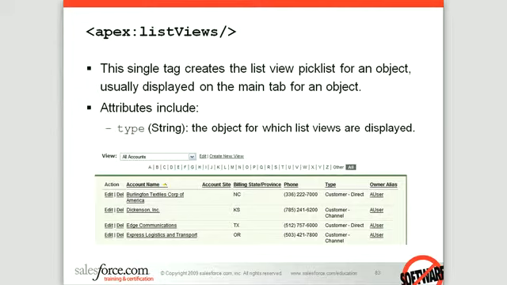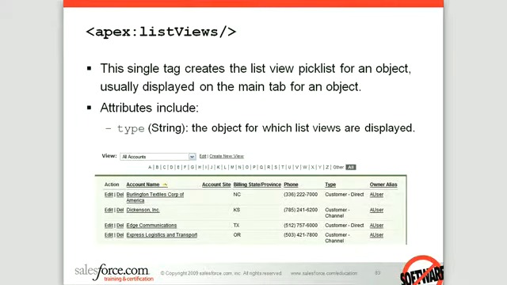There's also list views and also enhanced lists. List views and enhanced lists are for displaying multiple records. These are two different views into a list of records. It allows the user to do things like create their own views and filter.